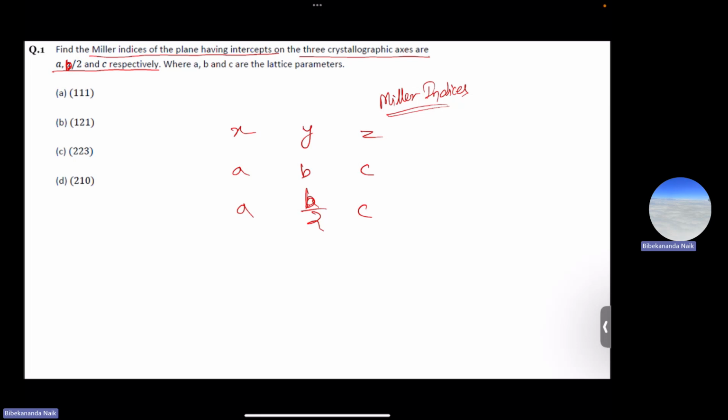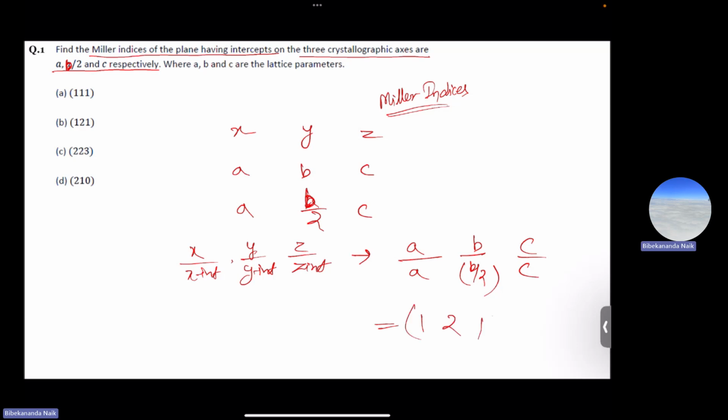To calculate, we need x by x intercept, y by y intercept, z by z intercept. So it will be A by A, B by B by 2, and C by C. It will be 1, 2, 1.